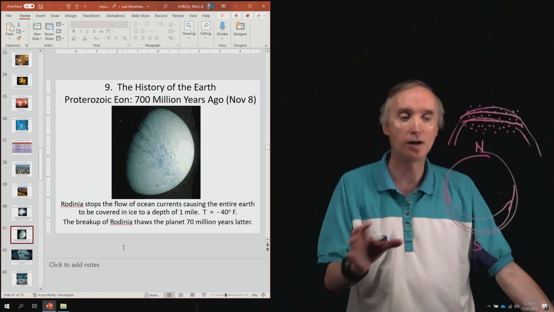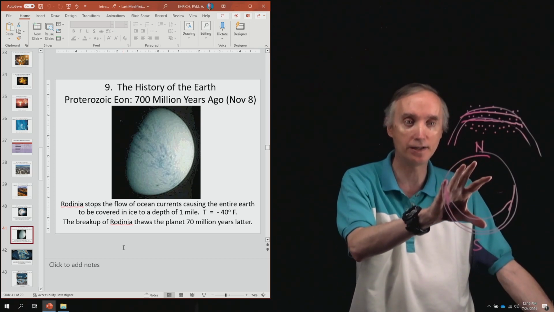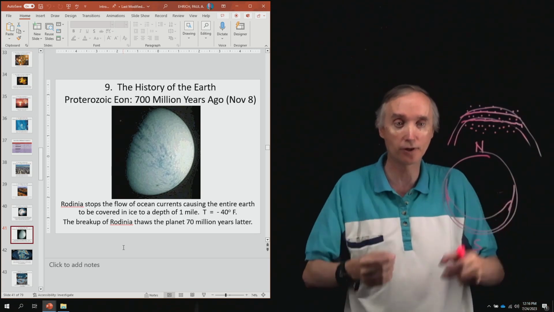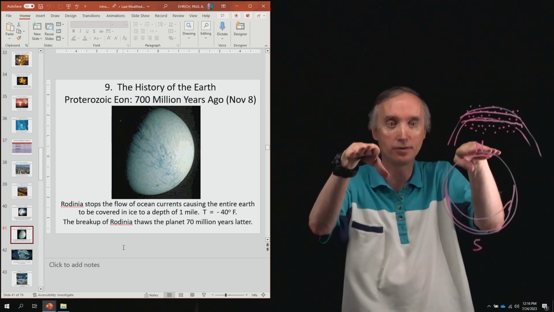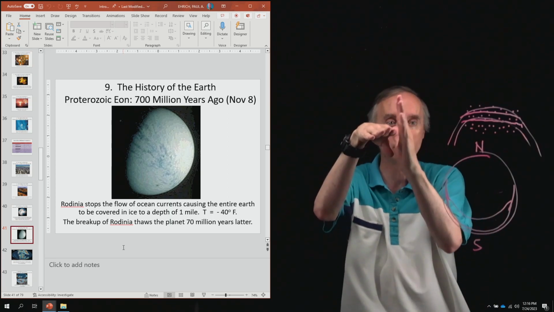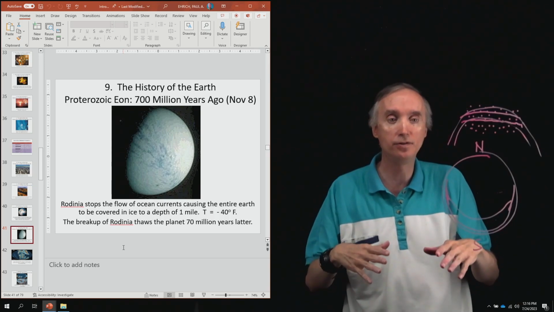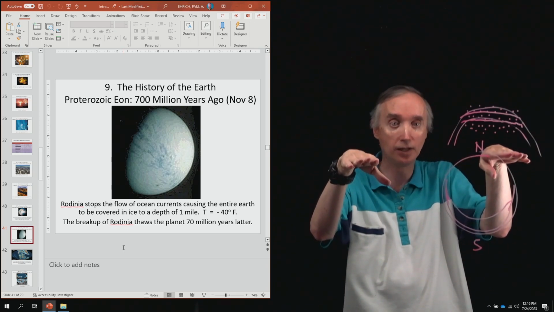The reason the ice went away is that Rodinia began to break apart into separate continents. And we know that when a continent breaks apart, volcanoes erupt, and you end up with the mid-ocean ridge when that happens at a diverging plate.